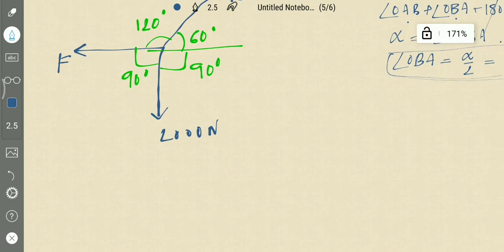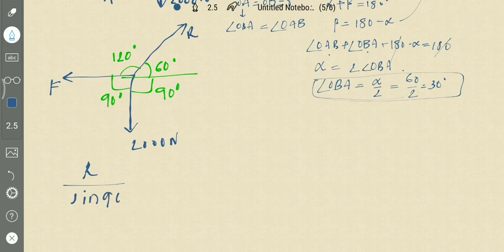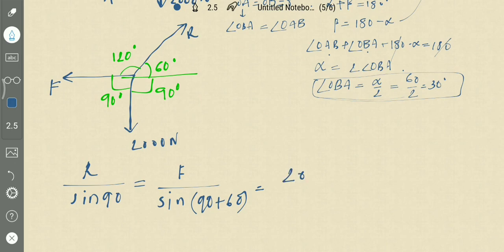So by Lami's theorem, R divided by sine 90 is equal to another force F divided by sine of 90 plus 60, is equal to another force, the weight, which is 2000 newtons, divided by sine 120.